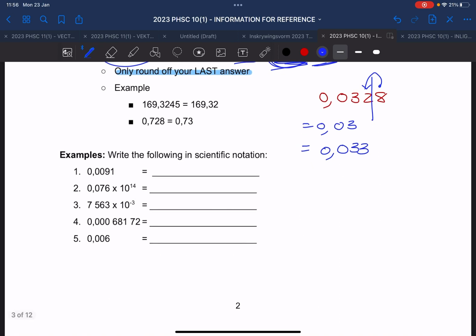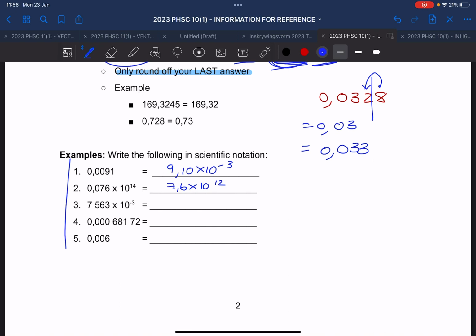Let's quickly test the following. Make sure your calculator is in scientific notation, and type in 0.0091, press equal, and you'll see your answer is 9,10 times 10 to the power negative 3. The next one, 0.067 times 10 to the power of 14, and you'll see you get 7.6 times 10 to the power 12.